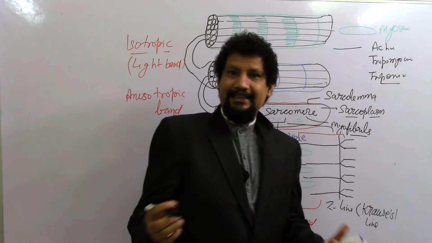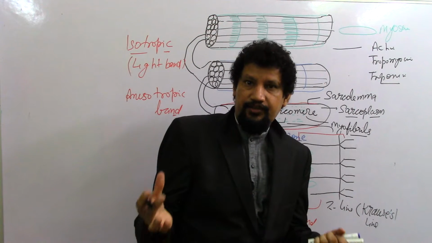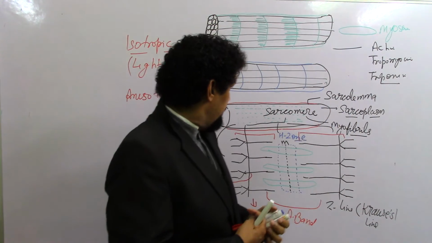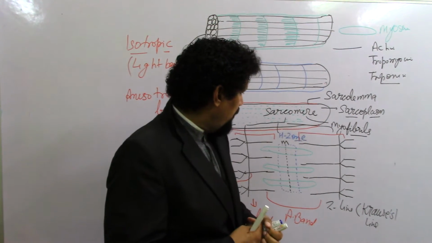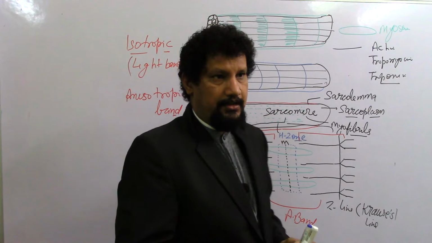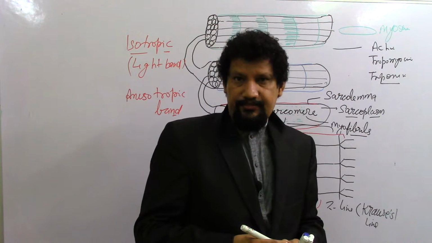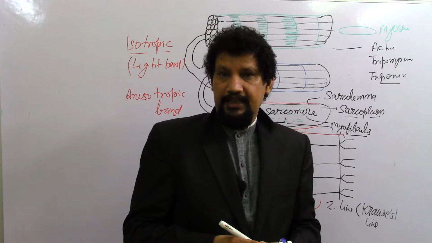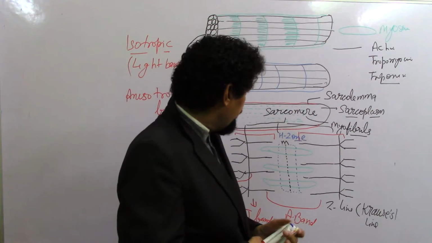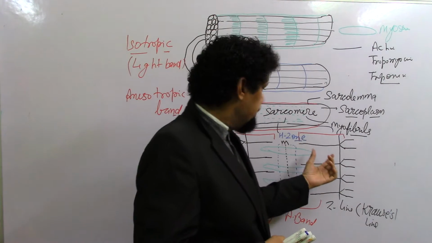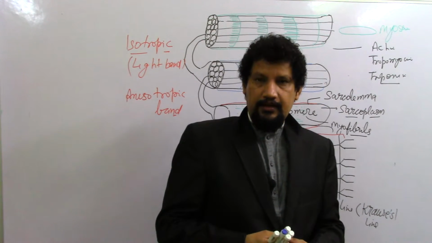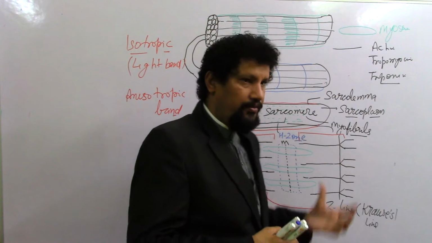So why is the sarcomere the functional unit of the cell of muscle, or myocyte or myofiber? When ATP and calcium are released, the sarcoplasmic reticulum releases the calcium and energy is provided by the mitochondria by the oxidation of ATPs.